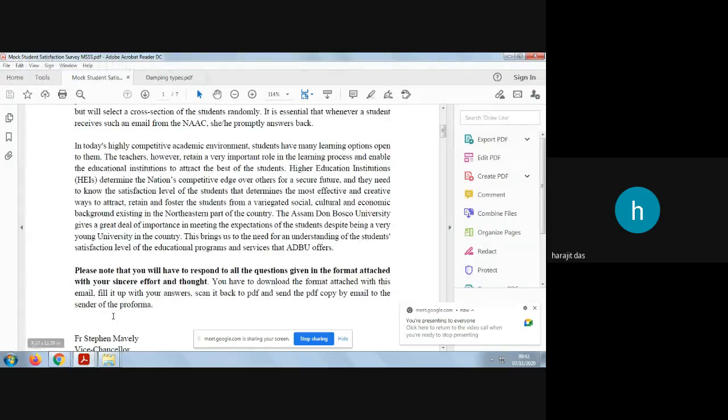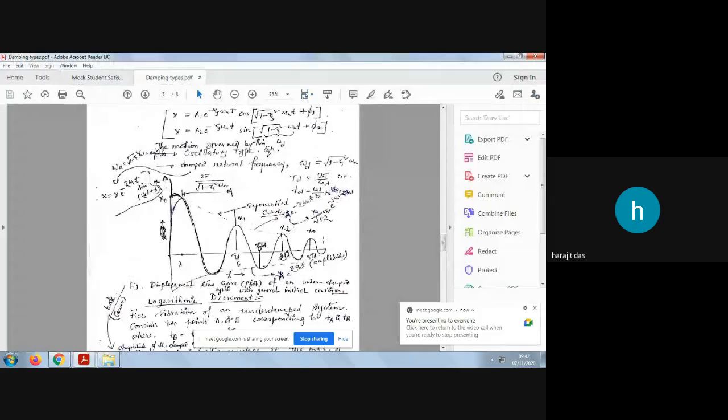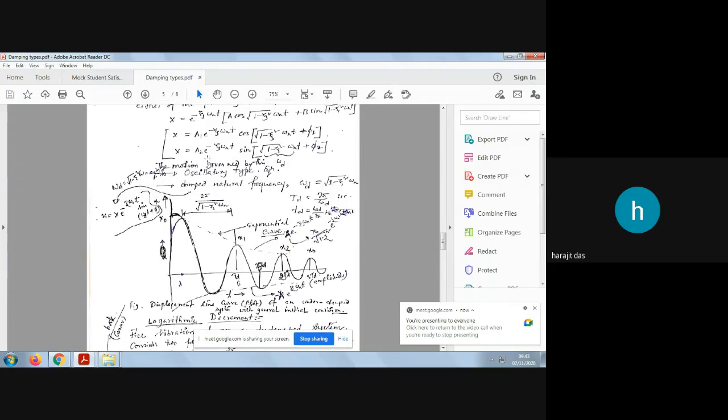This envelope has an amplitude of A e to the power minus zeta omega n t. As t changes, because e to the power minus something multiplied, that is zeta omega n into t, you will get an exponentially decreasing amplitude when you plot.